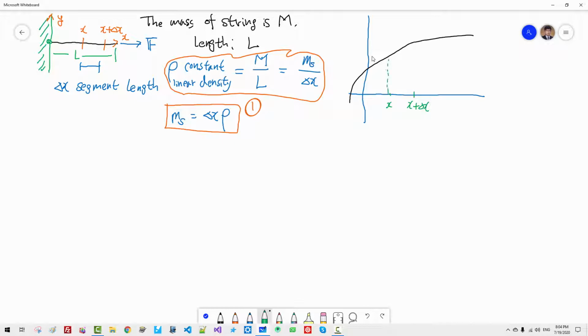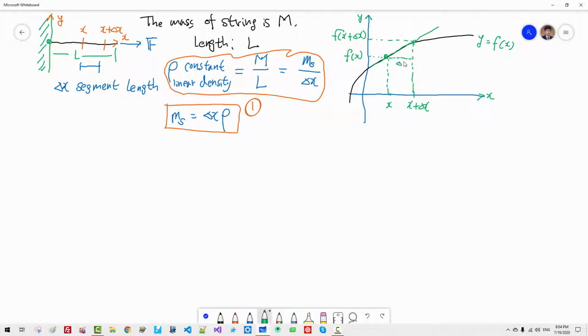So this point is f(x) and this point is f(x plus delta x). This is the x-axis, this is the y-axis, this is the graph for f of x. We create a segment passing through 2 points.